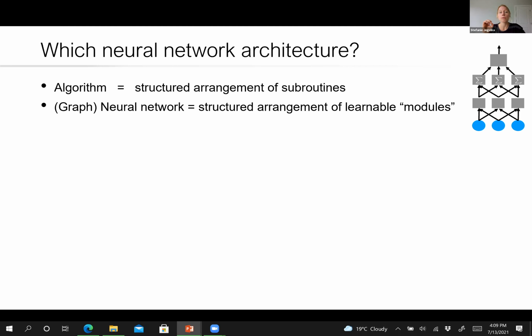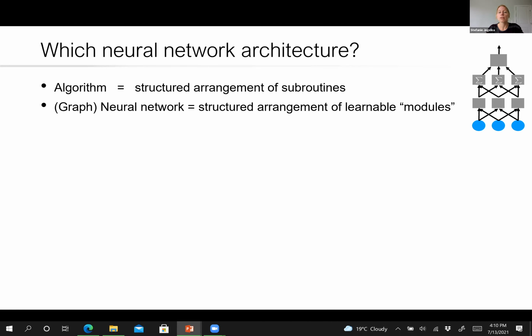And in the graph neural network, these are my aggregation functions, the small MLPs that are in there. And now the high level idea is if these match up by structure, then all I have to learn is nothing about the structure of the algorithm and just basically the subroutines. And if they're simple enough, then presumably the learning task should be much simpler. So this is the high level idea.